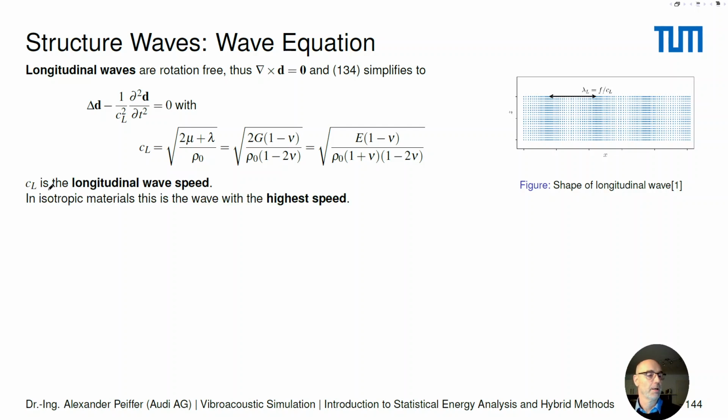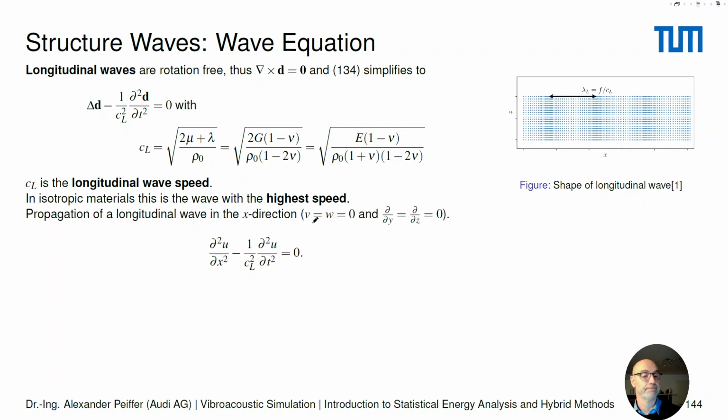Good. As mentioned, the longitudinal wave speed is also very important. That's the highest speed. In a solid material, this is the wave speed that has the highest speed. When we assume that we have no motion in v and w, in y and z direction, and we assume that there is no change in y and z direction, we end up with this equation.